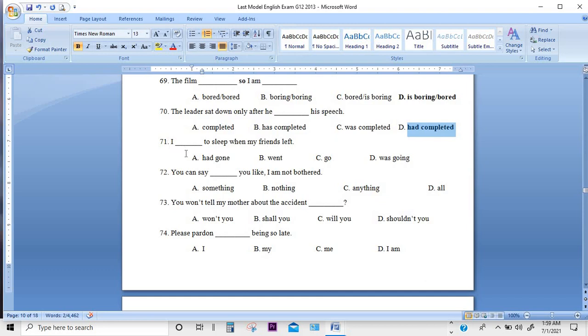Number 71. I dashed to sleep when my friends left. When my friends left የሚለው time clause ነው እዚህ ጋር ሚስ ያደረገው main clause ላይ ያለው verb ነው so አሁንም ቀዳሚው አክሽን የትኛው ነው ተከታይ የትኛው ነው ቀዳሚው አክሽን missing verb ነው እዚህ ጋር ሚስ ያደረገው ነው ሁለተኛው አክሽን when my friends left when በዚህ ቦታ after ማለት ነው በዚህ context okay.